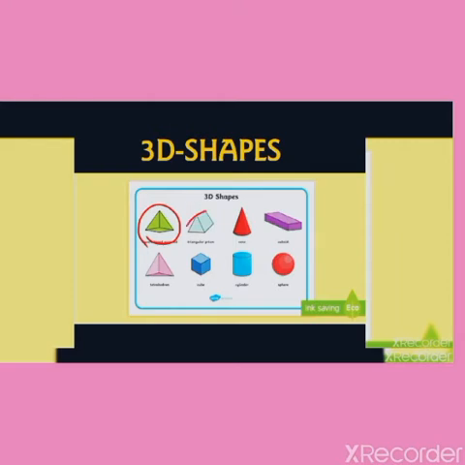Now see the next one, this is your triangular prism. See the face of the prism is triangular in shape. And you all know this is your cone. A very good example for this is your cone ice cream.